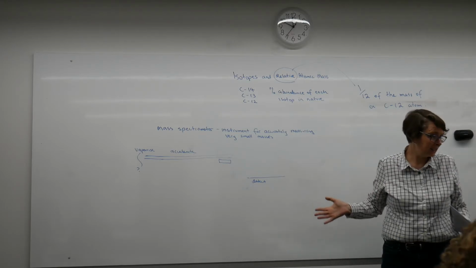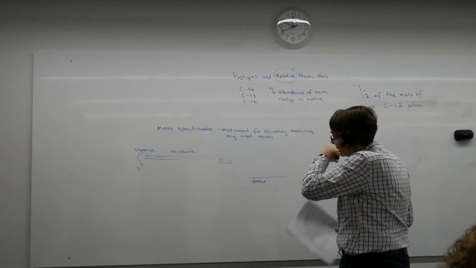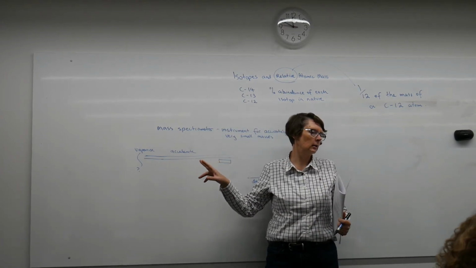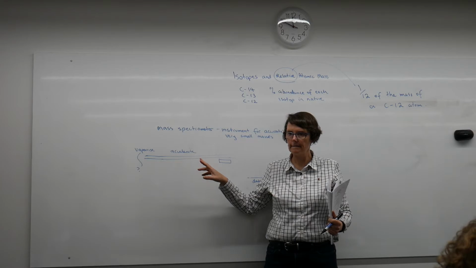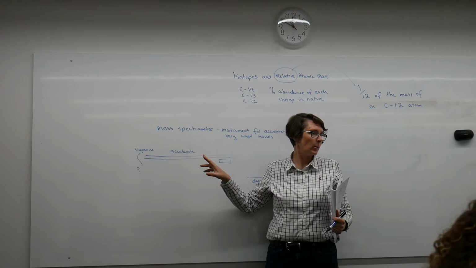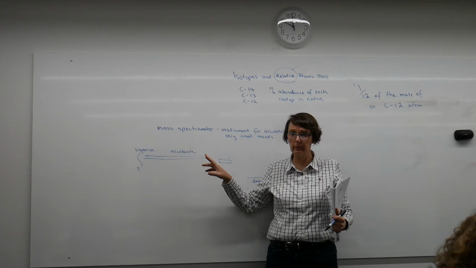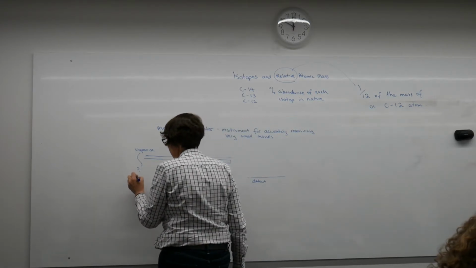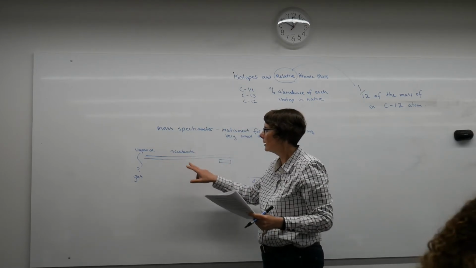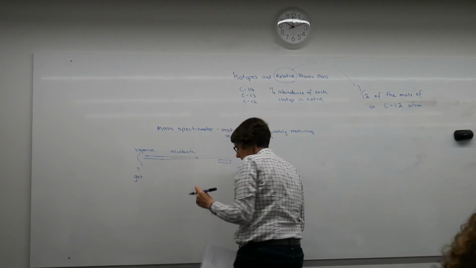Well, it's exactly the same for our real mass spectrometer. Now, what we need to do is vaporize our sample. What does vaporize mean? If we turn something into a vapor, what do we do to it? Make it gas. Yeah, so we're going to turn it into a gas. And then we are going to accelerate it so that it's going nice and fast.